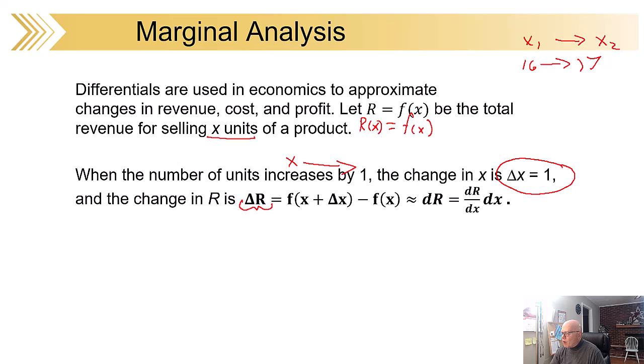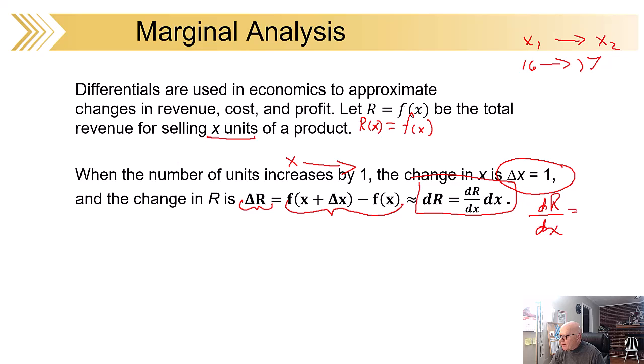Well, delta R is the difference between the function values, or the revenue values, at two different parts, versus what dr says from using calculus. Remember dr? Well, we might like this better.